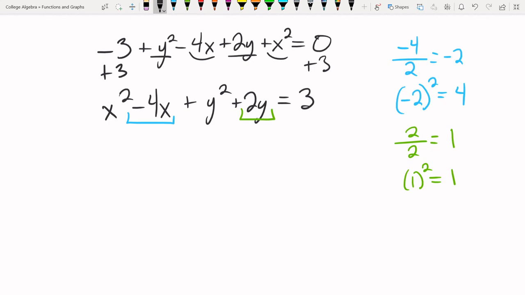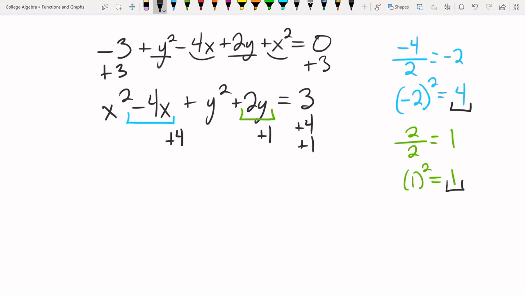Okay, so this number here is what we're going to add to both sides of the equations, and we're going to make sure they're lined up. The blue goes with the blue and the green goes with the green. So I'm going to add 4 right here, add 4 on this side. I'm going to add 1 right here, add 1 on this side.